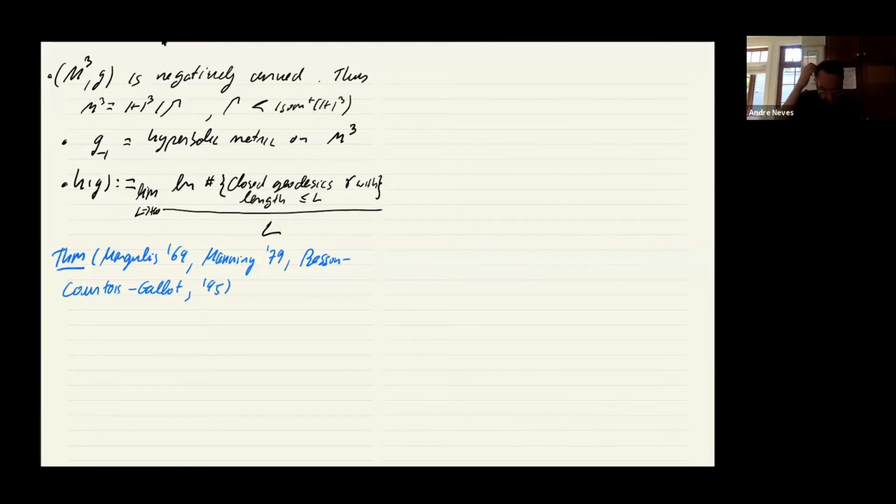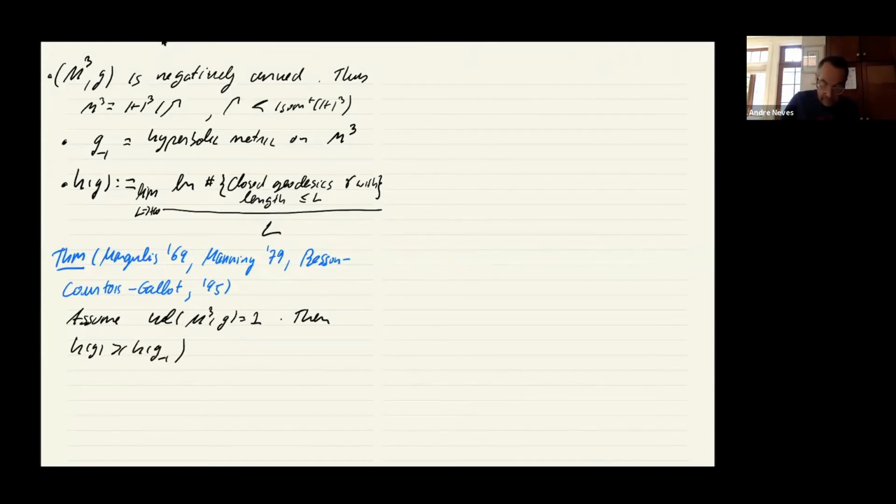One way we can state the theorem is: assume a normalization, which is that the volume is 1. Then the entropy is minimized by the hyperbolic metric, with equality if and only if g is the hyperbolic metric.